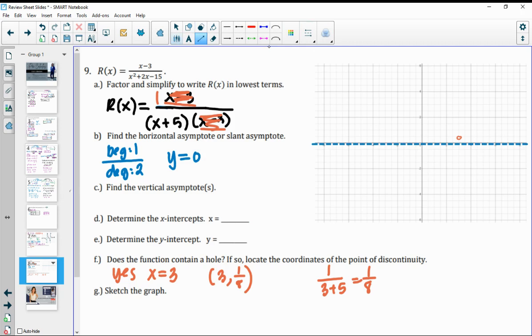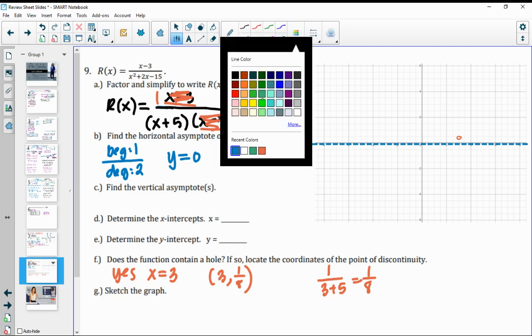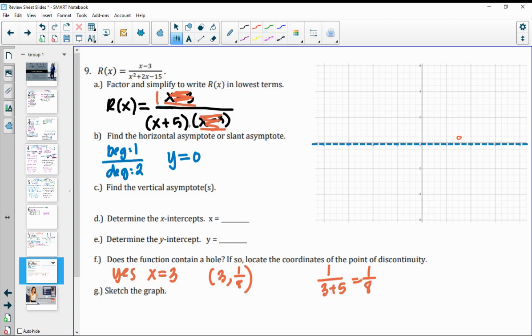And then vertical asymptote is where the denominator is 0, and it's where only the unique factor, so not this x minus 3 that made the hole, so we'll do the x plus 5 equals 0, so x equals negative 5 for that vertical asymptote. So we'll just go over here to negative 5, so this is negative 2, 4, halfway between is negative 5.